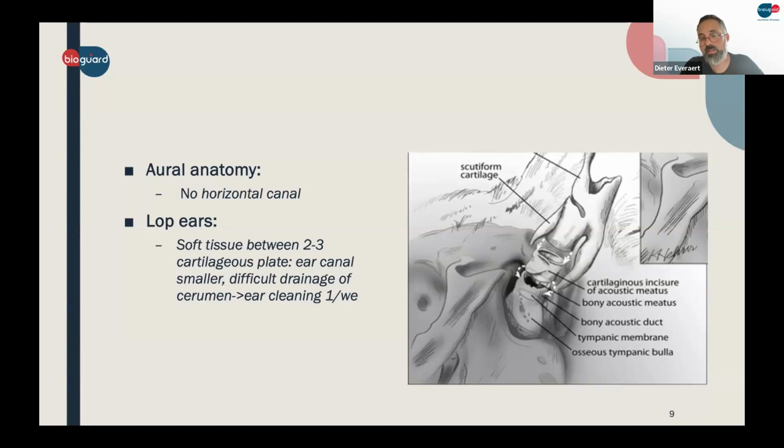At the base of the ear, you can get a blockage with cerumen. So we advise doing it from youngster rabbits once a week, and we see that if you do that, the chance of getting an auricular diverticulosis is much lower than if you don't.